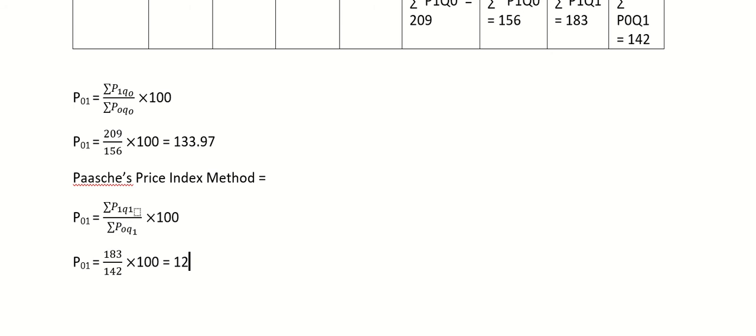The answer is 128.87. So this is how we have calculated index number as per Pasch's price index method.